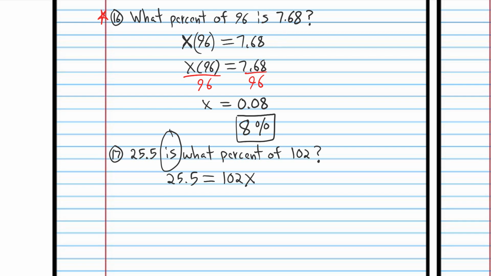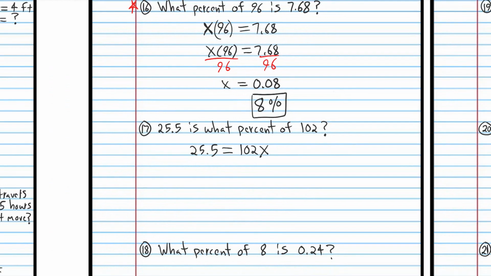So if you think of the word is as the equal sign, then it doesn't make sense to do it the wrong way, the way I almost did it, by writing 25.5x is equal to 102, because that puts the equal sign in the wrong place. Is should be here, and is between the 25.5 and everything else. So that's just one way to make sure you do it correctly.